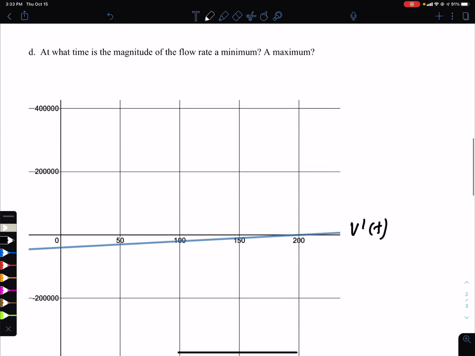So technically, we stop here, and we're starting here. Now you have to understand what magnitude means. Magnitude means I don't care about the plus or minus. I just want the number, without positives or negatives, and whichever one's the biggest has the largest magnitude, and the smallest has the smallest magnitude.